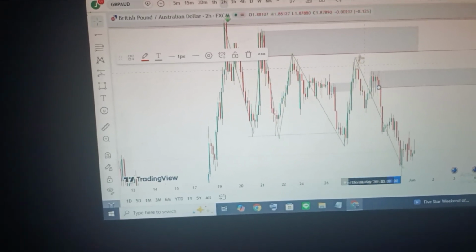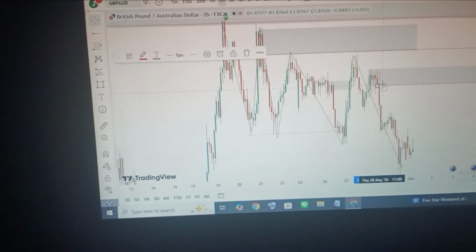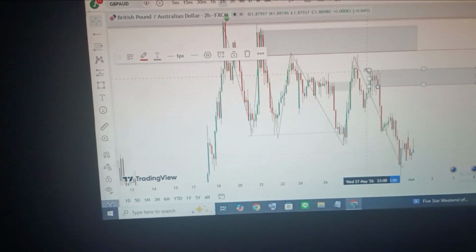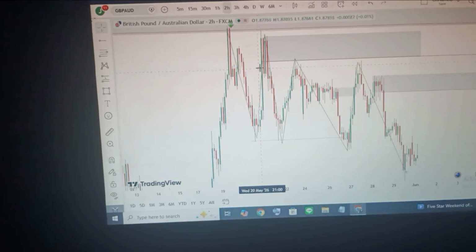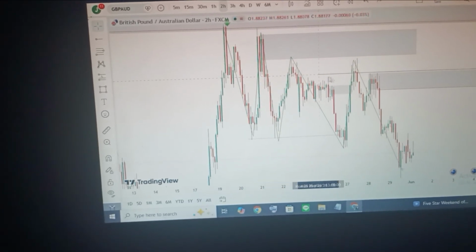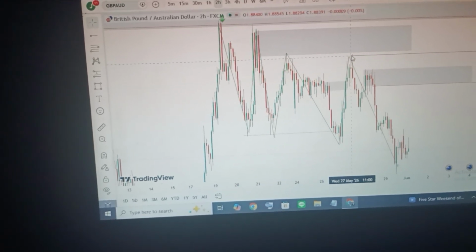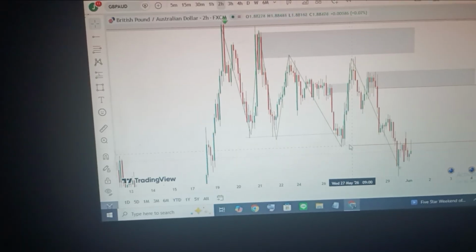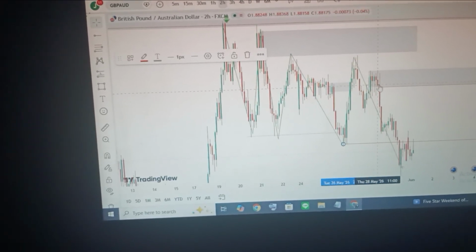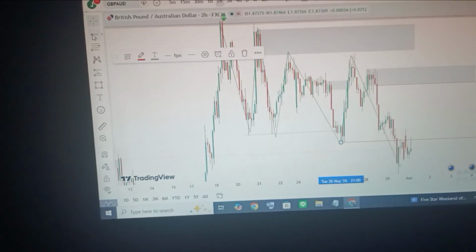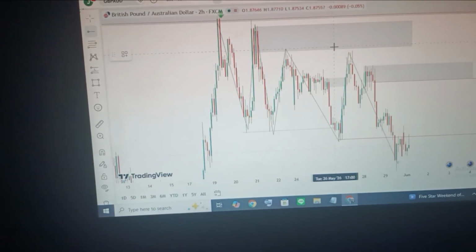If it's occurring at the top here, stop loss will be here. Now here, my entry will be here. Try as much as possible to clear the swing high. This was the origin of the push that led to this break of structure. So if my entry is going from here, my stop loss should try as much as possible to clear this swing high.